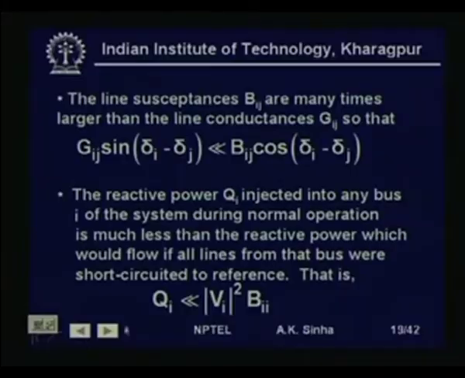Therefore, Q i, since it is a summation of all those terms with B ij, V i into V j, where the magnitudes of V i and V j will be very nearly equal to 1, the total summation is going to be much smaller, because the B ij terms, which are negative, will be subtracted from B ii, and the total value of Q i is therefore going to be much smaller than this.